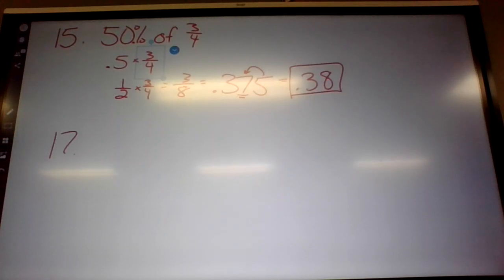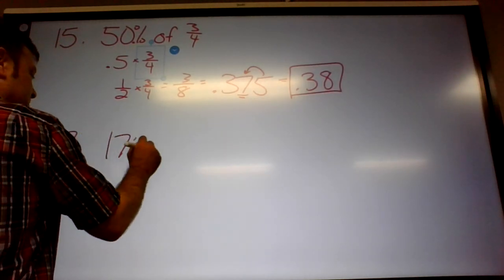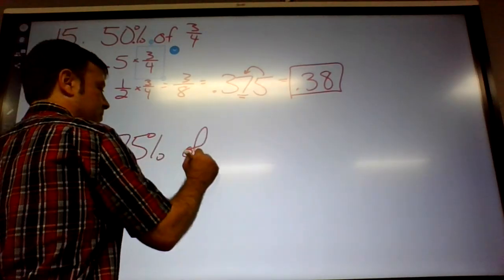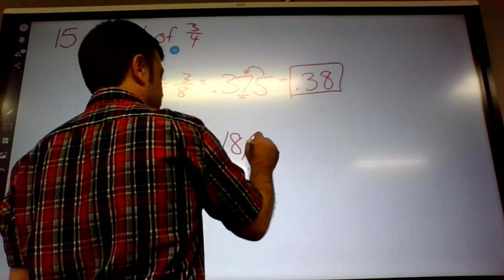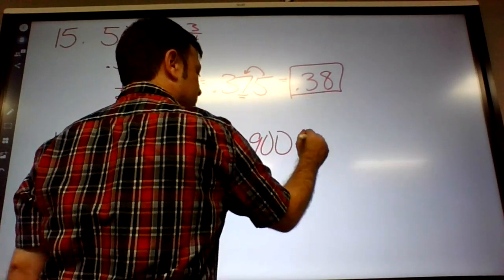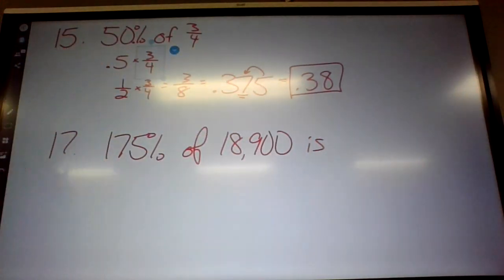All right, number 17. 175% of 18,900 is what number?